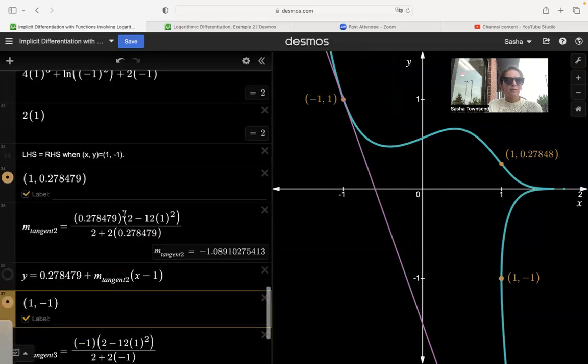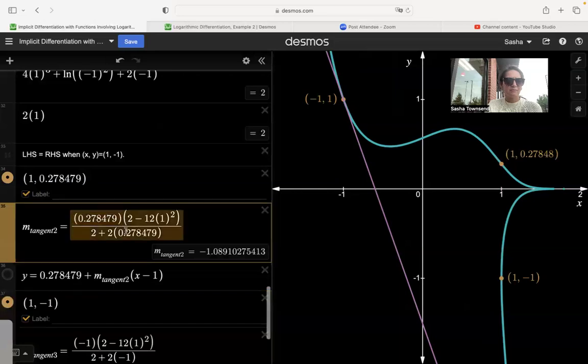Well, the equation of the tangent line is right here. If I evaluate that slope at y equals 0.278479, I substitute my y value, and this is 2 minus 12 times the x value. X is 1, so we substitute that. Then we have 2 plus 2 times the y value. We simplify, we get a slope of approximately negative 1.089.